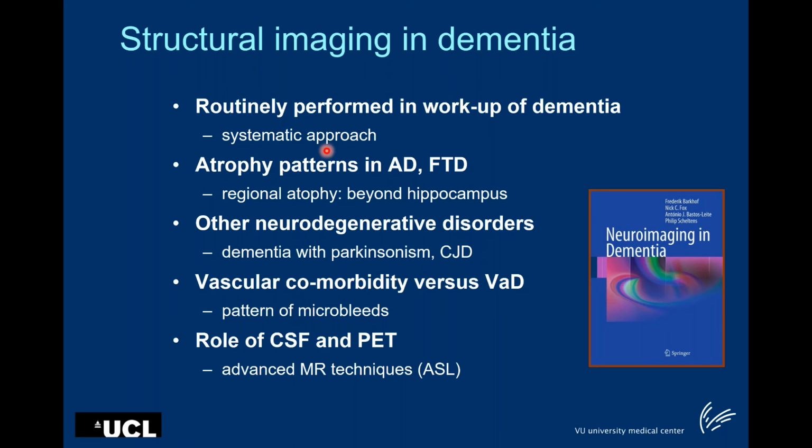And then briefly mention some other neurodegenerative diseases, dementia with Parkinsonism, such as PSP, for example, Creutzfeldt-Jakob disease briefly, and then talk quite a bit about vascular pathology, which is yet another type of pathology that can lead to dementia. And in fact, in a lot of large post-mortem studies, the best prediction of who was demented was actually a combination of vascular and neurodegenerative pathology.